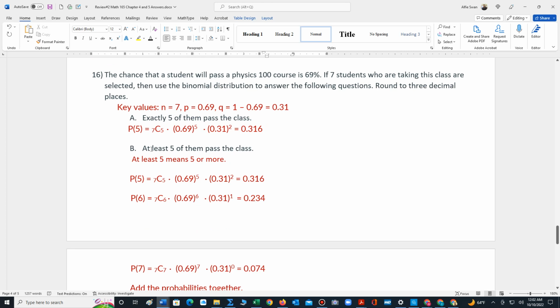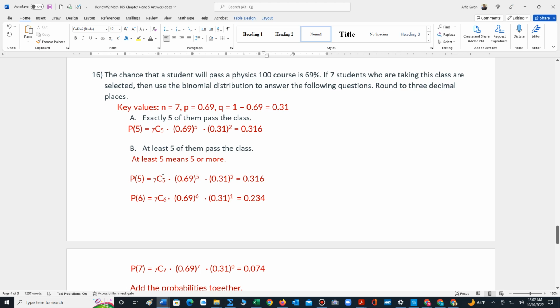For part B, it says at least 5 of them pass the class. So at least 5 means we want 5 to pass, 6 to pass, 7 to pass. We cannot go past 7 because that's the maximum number of students that are selected. So once again, we apply our formula.